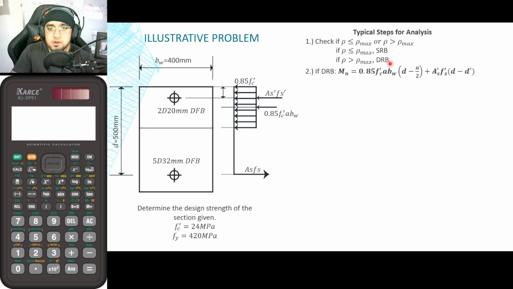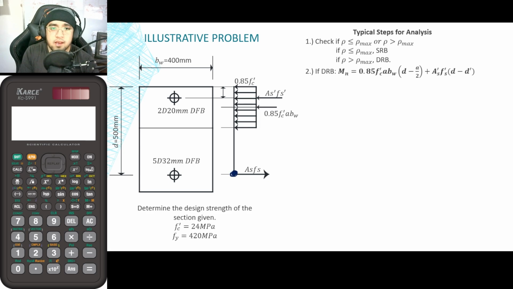Suppose that you will now be solving it using a doubly reinforced beam. The equation for the nominal moment is equal to 0.85 f'c ab_w times (d minus a over 2) plus As' fs' times (d minus d'). Where did this equation come from? I solved for the moment about this location.